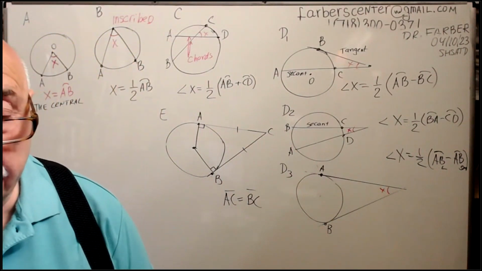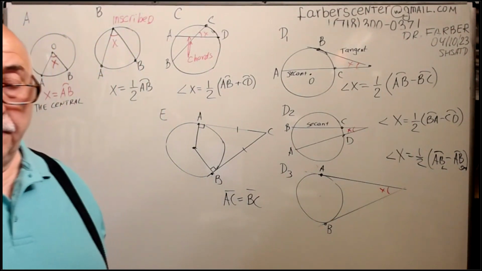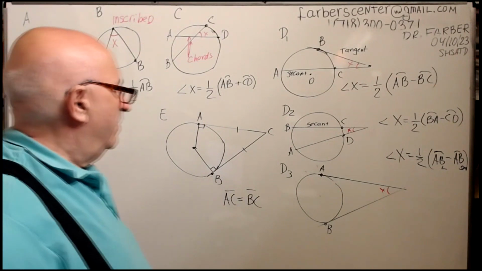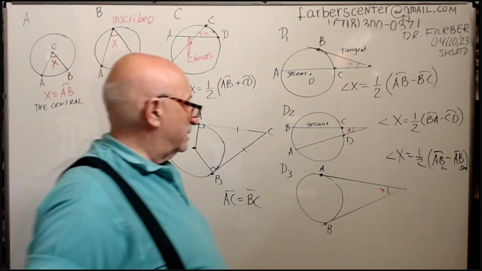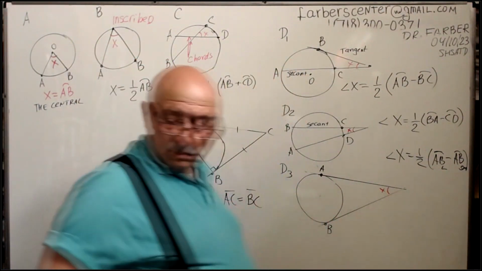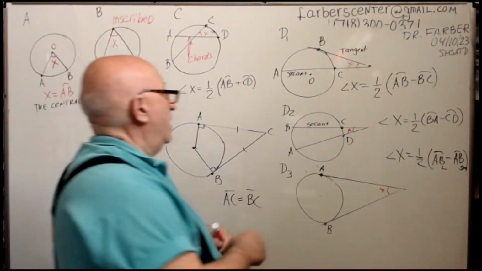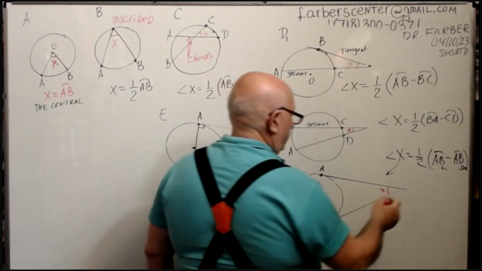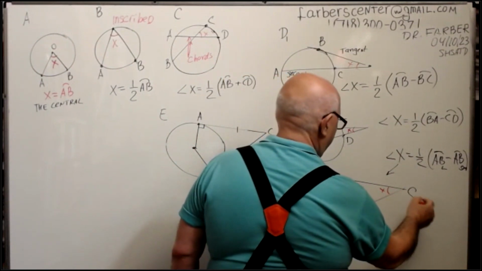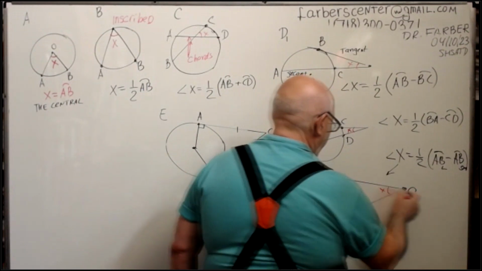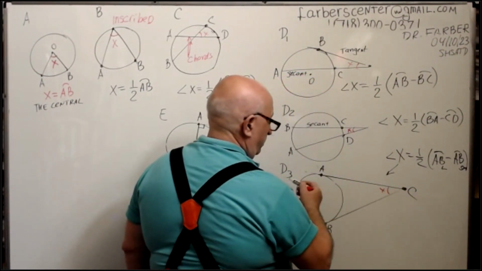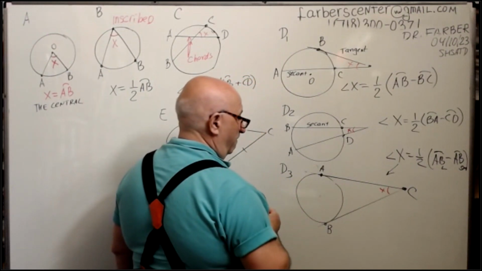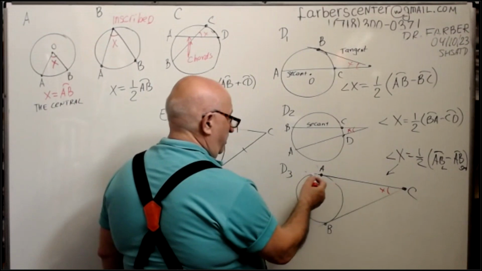Dr. Faber? Yes. Can I go over again from situation D3? Which one, D3? Yes. Look at this. In D3, if this point C is outside of the circle, I make two tangents to the points of tangency. And we have two arcs, this major arc AB.